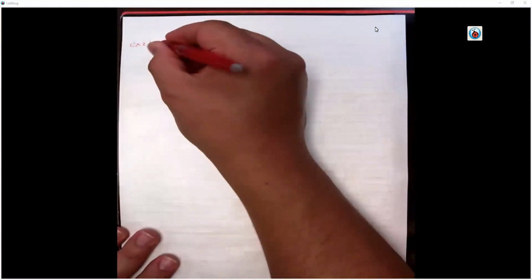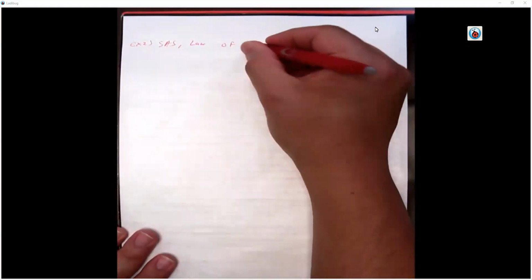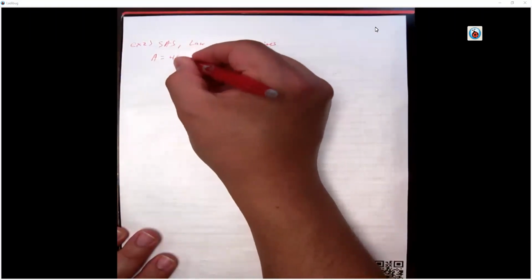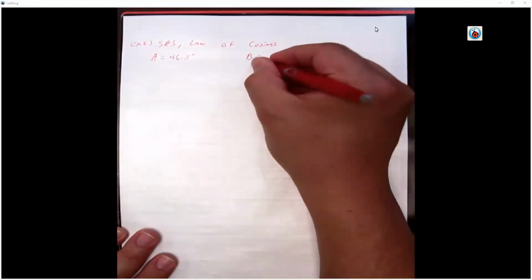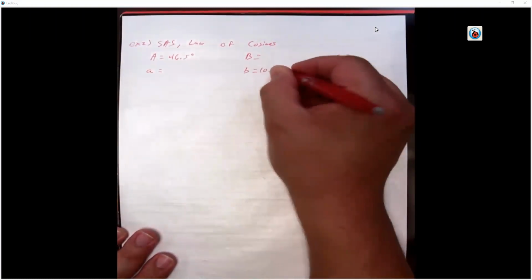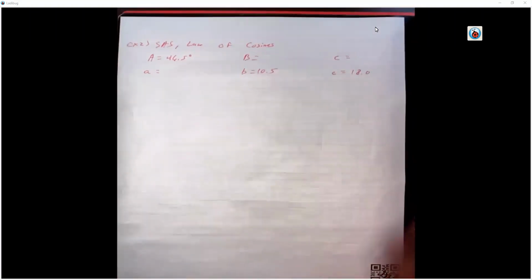So this one is on SAS triangle. They give us angle A, but none of the other angles. You see why we need law of cosines here.